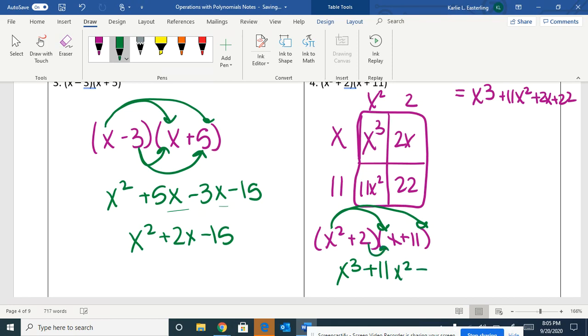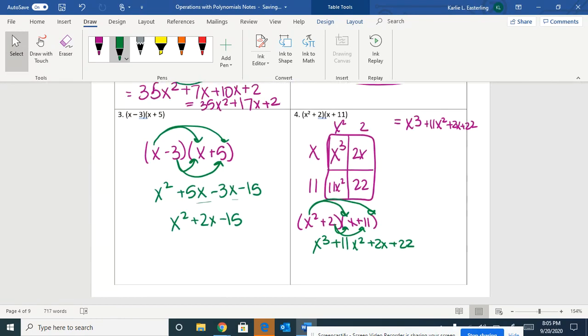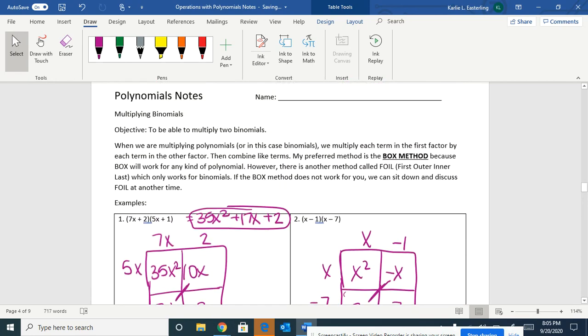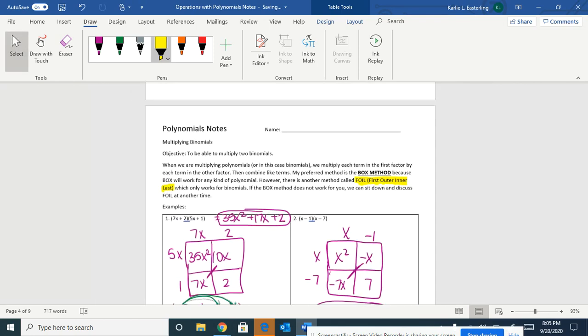Then our inner, plus 2x, and then our last terms would give us 22. If you're a little bit confused on where I'm getting first, outer, inner, and last, that's what FOIL stands for. The F is for first, O is for outer, I is for inner, and L is for last.